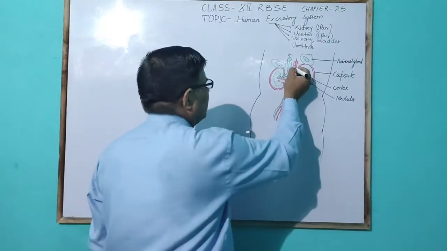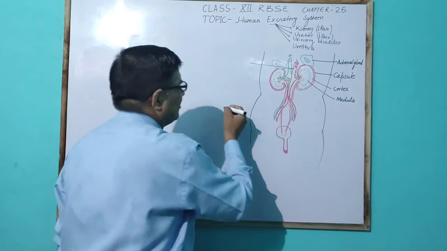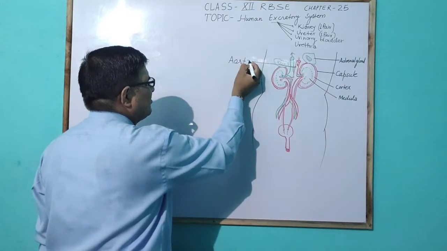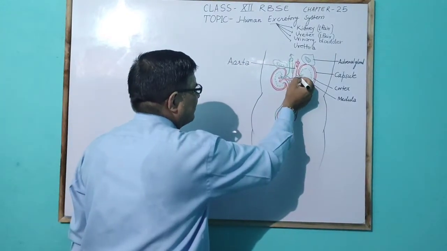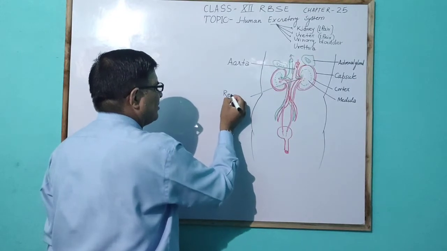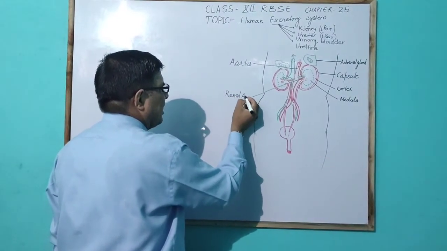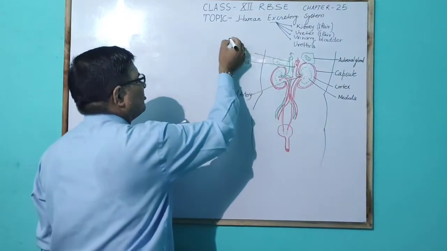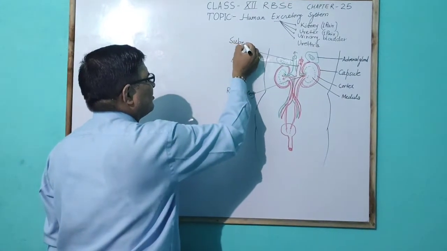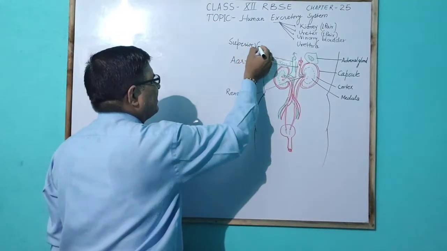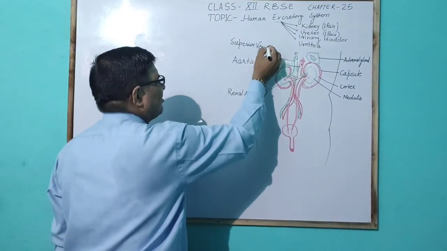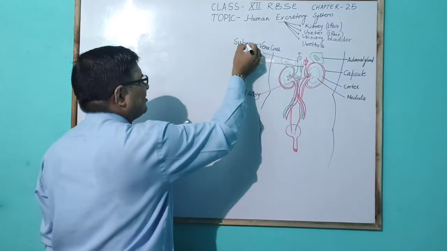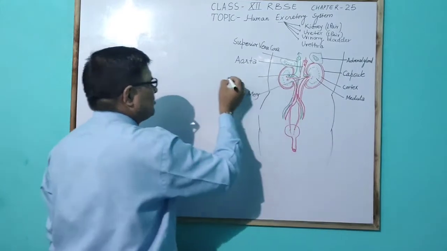The aorta carries oxygenated blood, which is provided by the renal artery to the kidney, and the superior vena cava takes the deoxygenated blood from the kidney with the help of the renal vein. This is the renal vein.